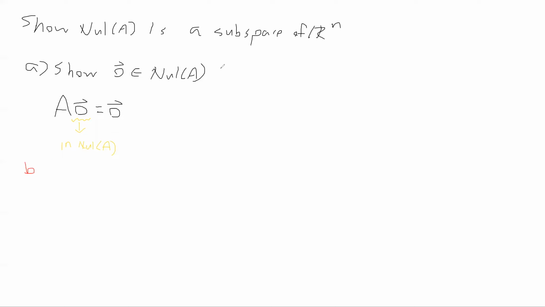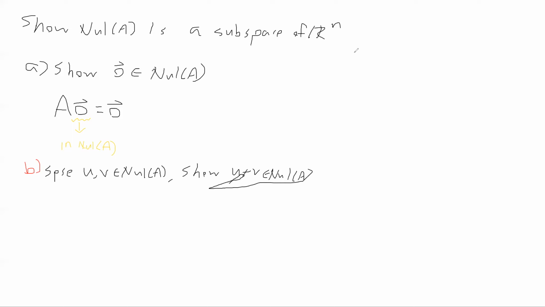Now B. Oh, why is it red? Let me change that. Okay, so B, I want to say that suppose u and v are in the null space of A. We want to show that u plus v is in the null space of A as well.